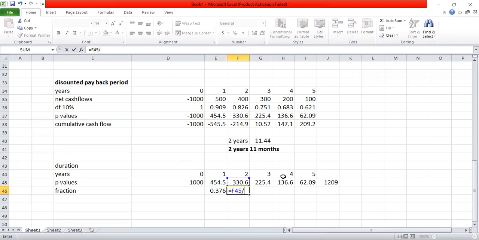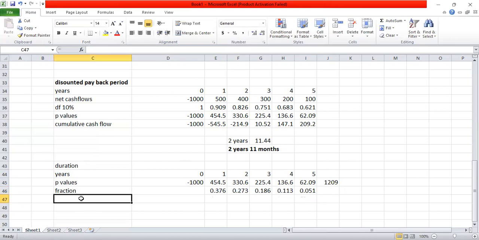This divided by this. Then for this, divided by this. This divided by this. This divided by this.